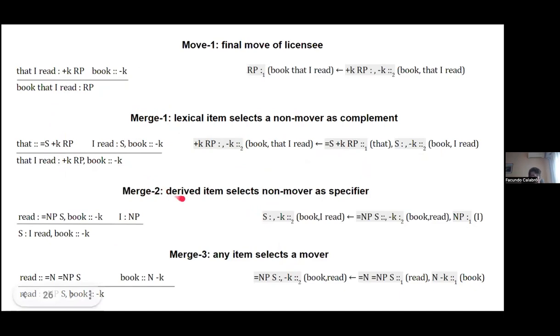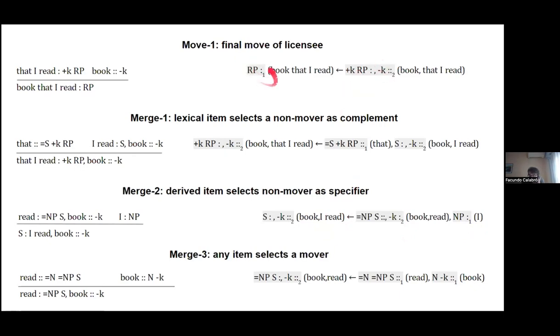And for instance, if we look at merge 2, this step is quite similar to the movement rules we just saw. So here I may be seen as W, and read is like B, and book is like U. And what we see is that book is kept apart from the rest of the string until this step, when the licensor and the licensee are cancelled.